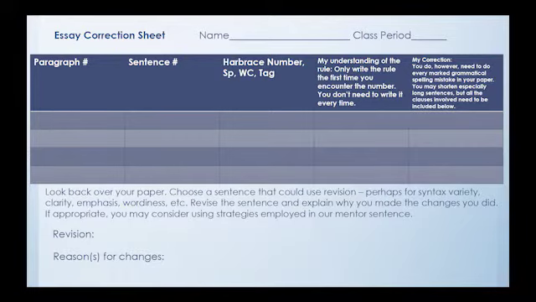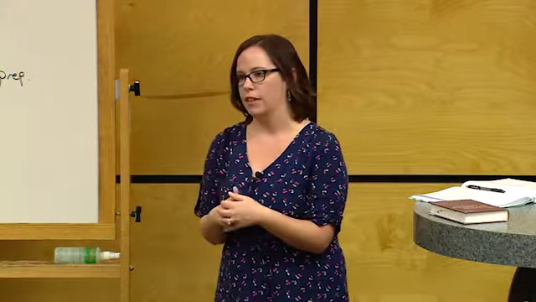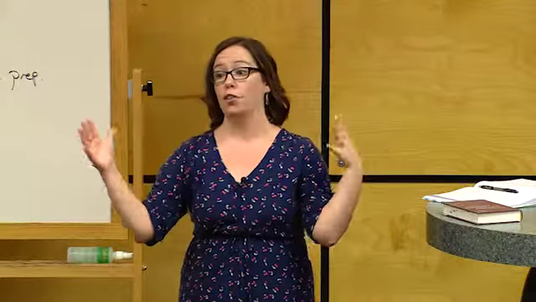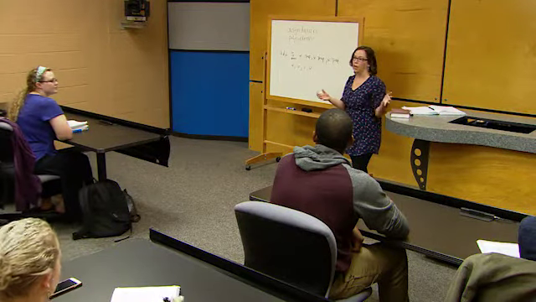And then down at the bottom, and this ties back to the mentor sentences, is having them revise a sentence. So even a kid who has zero mistakes and got 100 on their essay still has to do this assignment. For some of my kids, it's obvious because I've pointed it out to them. I'm like, the wording doesn't make any sense here. I have no idea what you're trying to say. Or a big one lately has just been vague word choice.